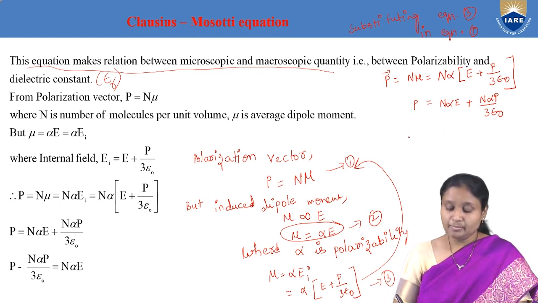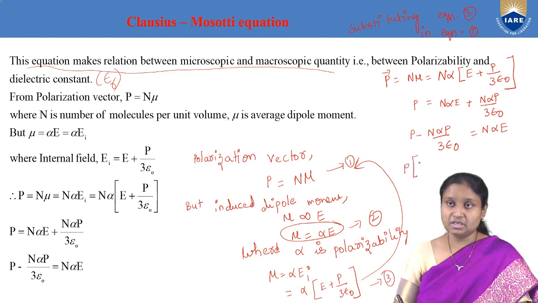So we end up having P minus n alpha P by 3 epsilon naught is equal to n alpha E. Now what is the common factor? We have common factor P. So this can be written as P times 1 minus n alpha by 3 epsilon naught is equal to n alpha E.